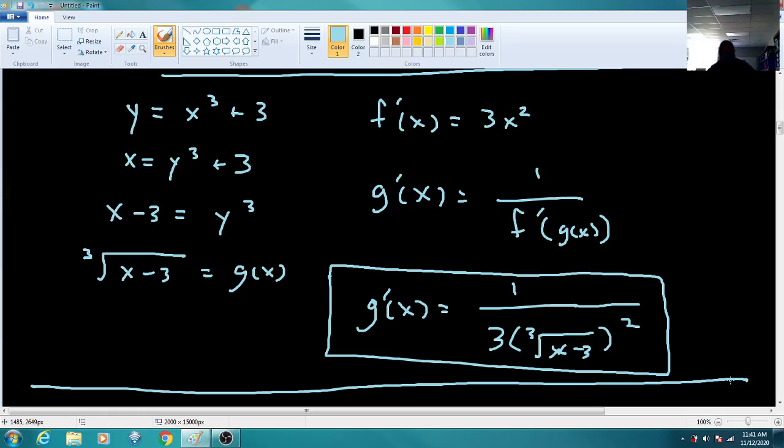Let's see here. So, second problem wants us to do in the book.